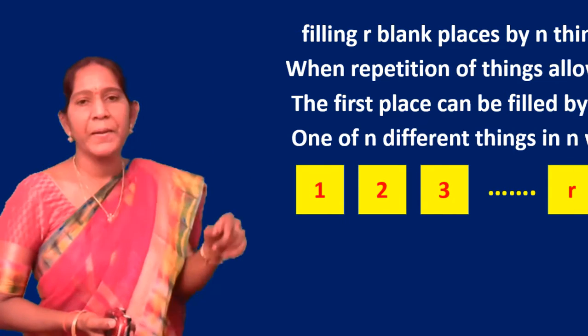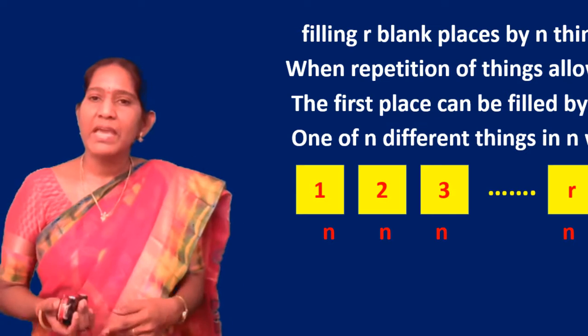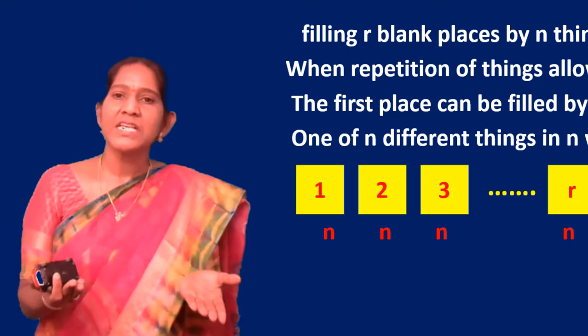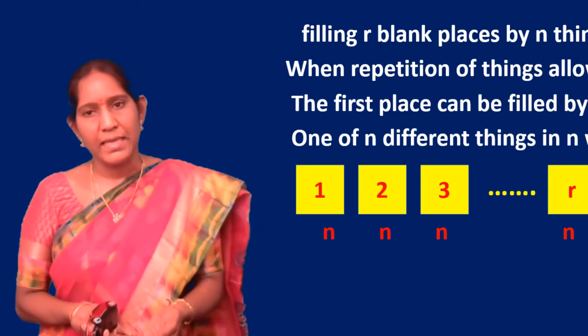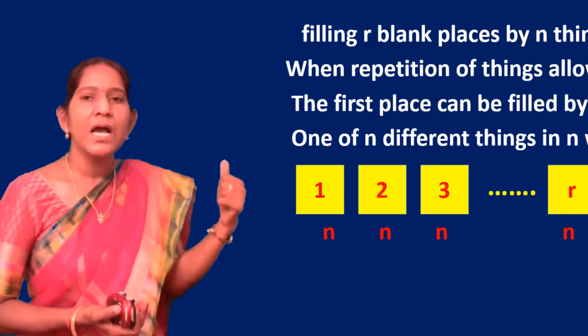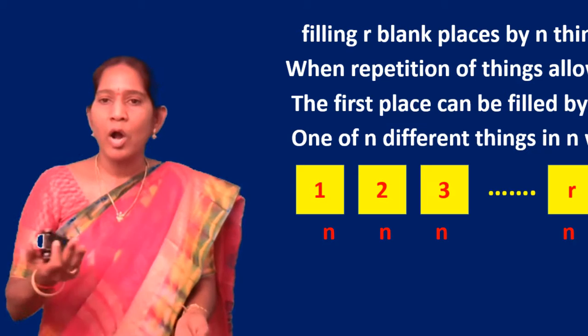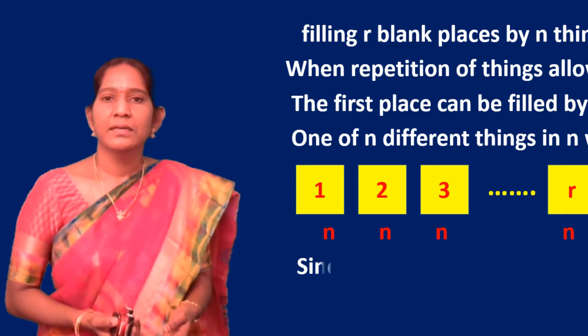So take r places. The first place is filled by the given n dissimilar things in n ways. When repetition is allowed, that means again we have n things. So the second place is also filled in n ways. Similarly, all the r places can be filled in n ways.